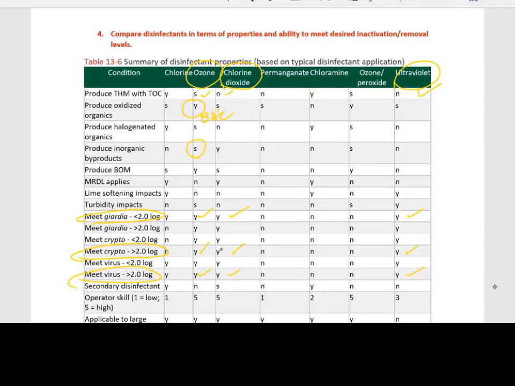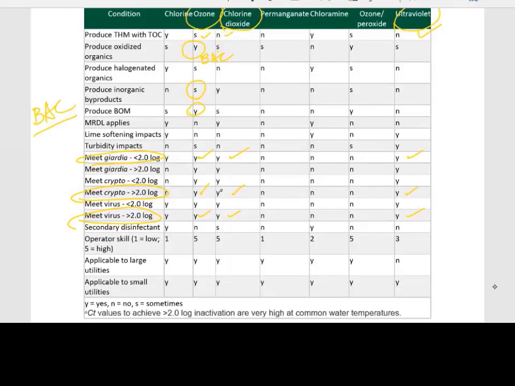BOM is biodegradable organic matter, and yes, that's an issue. As I mentioned, this is why we would look at a BAC system, a biologically activated carbon system. So this just provides us some guidelines to know whether or not we should eliminate which disinfectant.